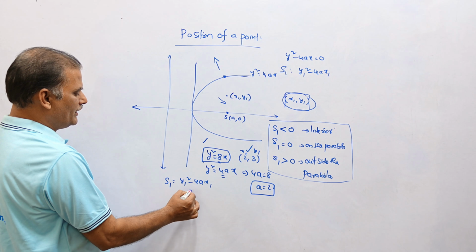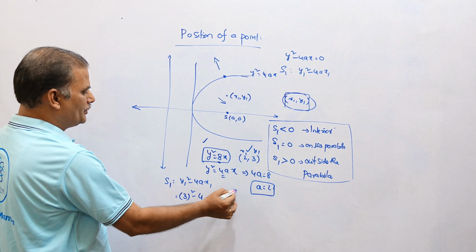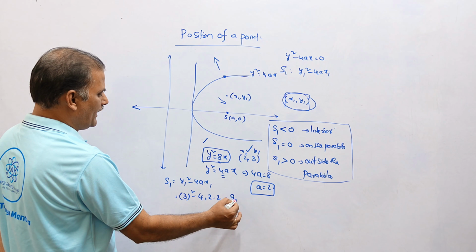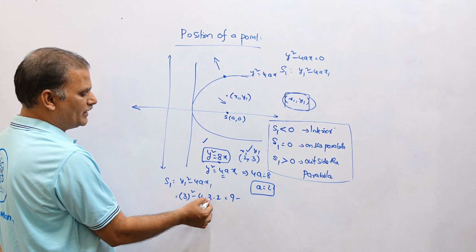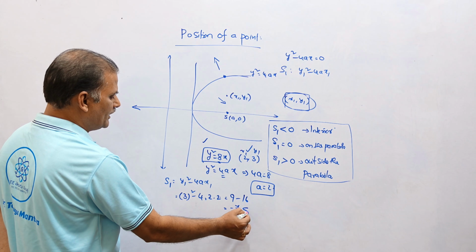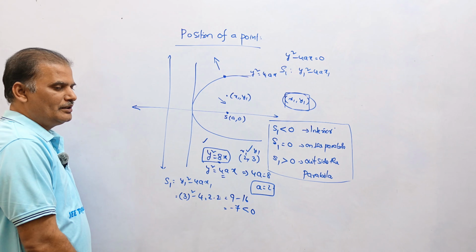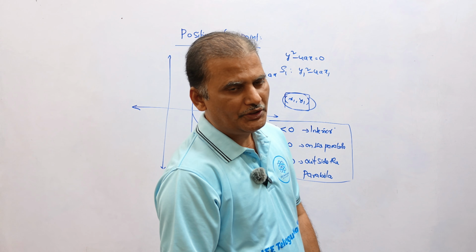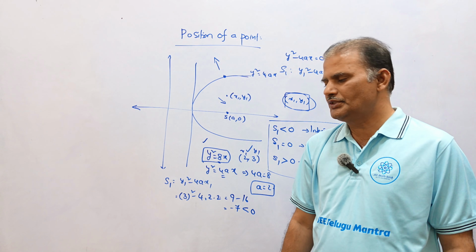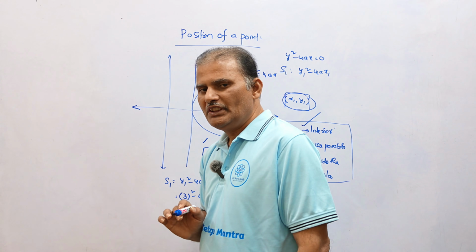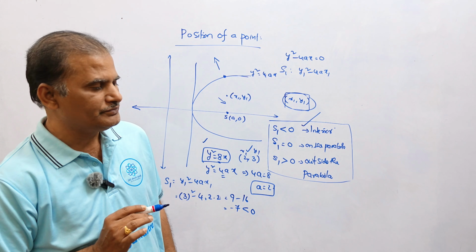This is 3 square minus 4 into a into x1. 9 minus 4 twos are 8, 8 twos are 16. We get minus 7. It is less than 0. Minus 7 is less than 0. If S1 is less than 0, what is the condition here? The point is interior of the parabola.